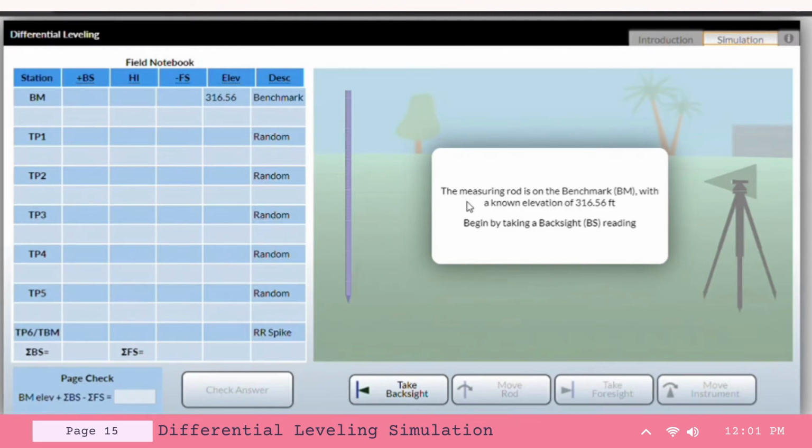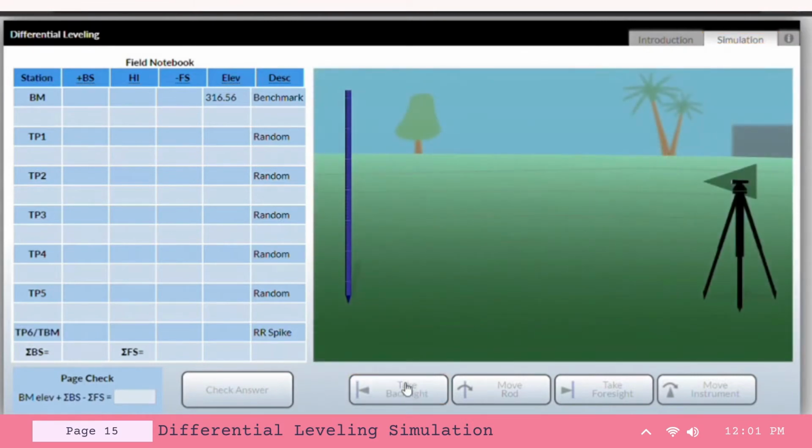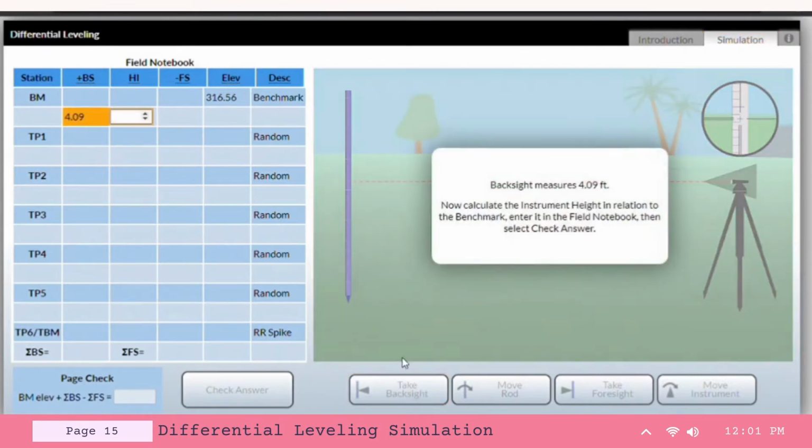The measuring rod is on the benchmark with a known elevation of 316.56. We begin by taking a backsight, since the elevation is already known. The backsight measures 4.09 feet. Using these values, we can calculate the instrument height.